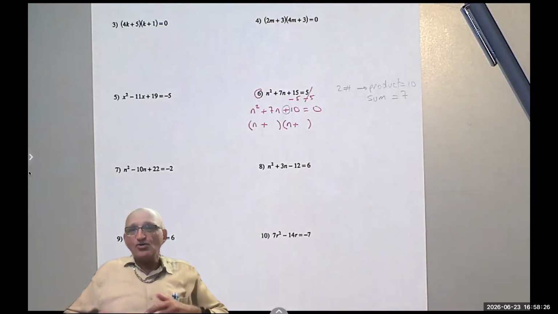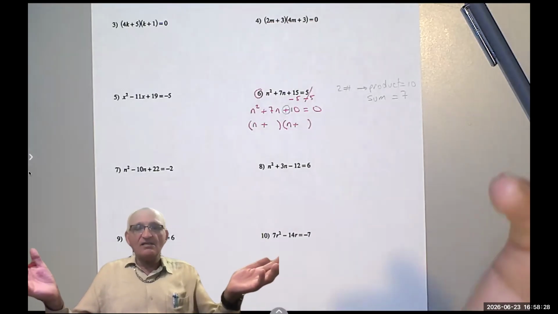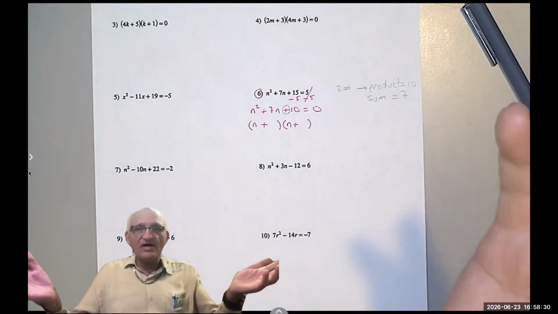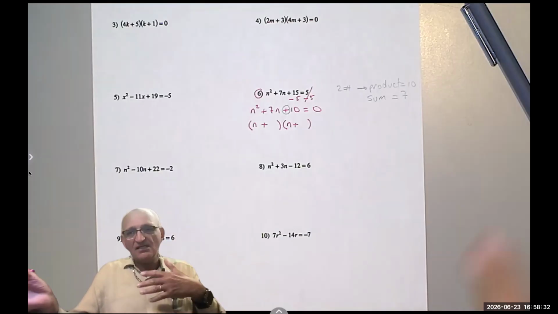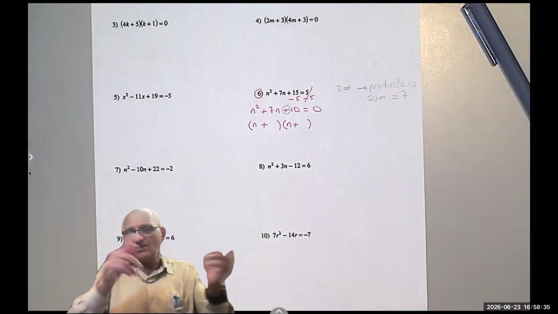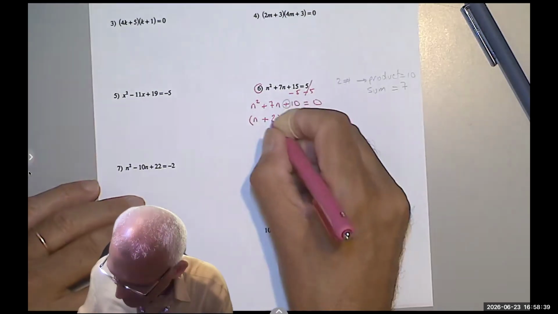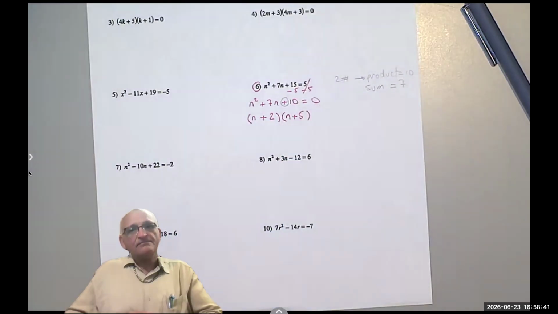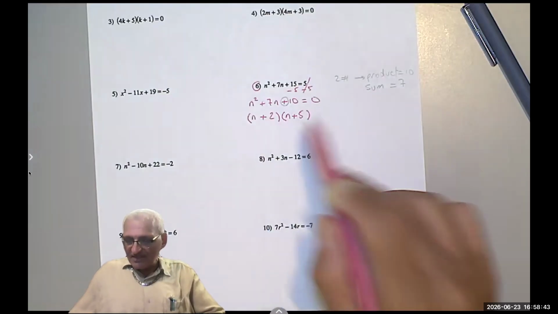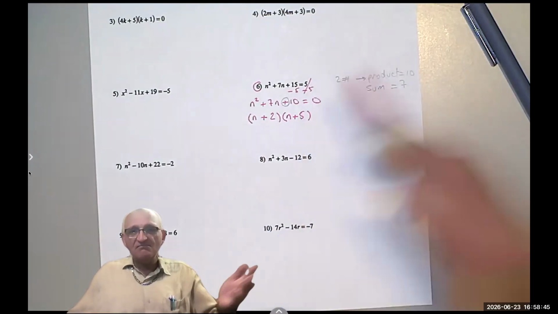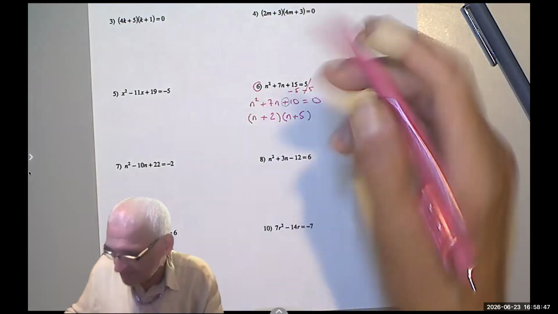So if I move them close to each other, there is not anything other than 2 and 5, because the 10 is either 1 times 10 or 2 times 5. 2 times 5 or 5 times 2, it doesn't matter. So I know it's 2 and 5, because 2 plus 5 is 7 and 2 times 5 is 10. Very simple.